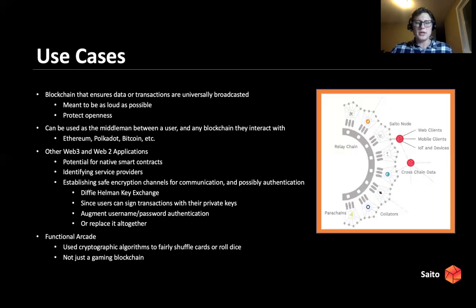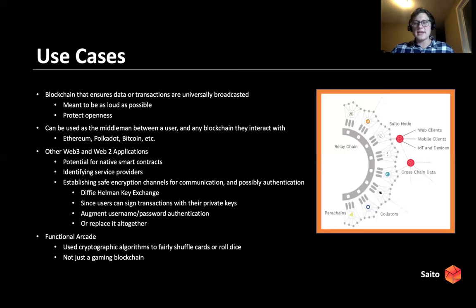So at this given moment, there is a functional arcade that's also built on top of the Saito network. So you could play a bunch of games, from poker to, I think there's a cool one called Red Emporium, and I think you could play one that's just like Pandemic.